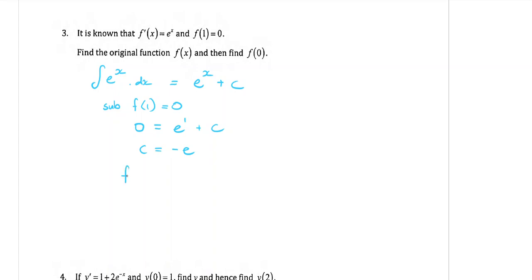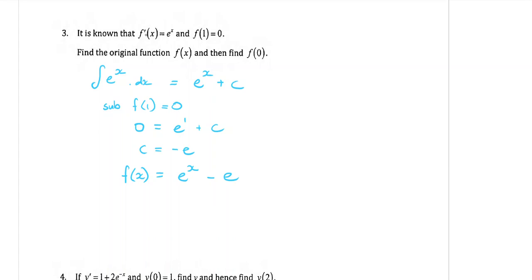This means my equation for f of x is, if I follow here, e to the x plus c, it's e to the x plus, and I just found out that c was minus e. So it's e to the x minus e. There's one more bit.